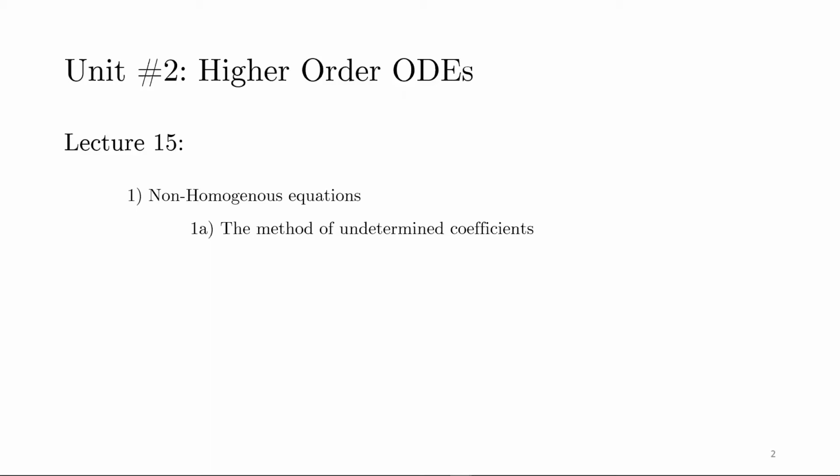So let's recall from earlier in the class, I think it was about 3 lectures ago, we talked about non-homogeneous equations, and we said that we can write the general solution to an ordinary differential equation as a sum of 2 parts, okay?